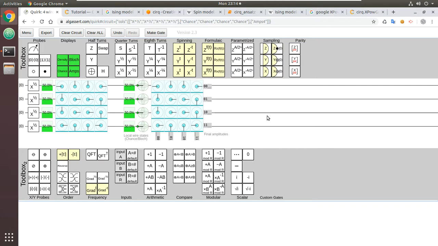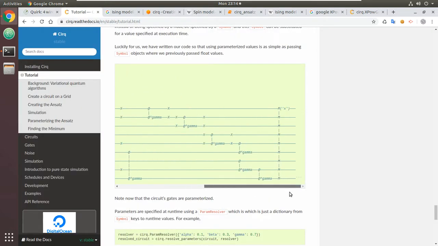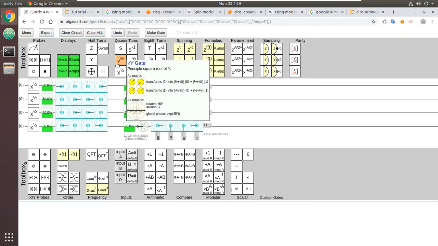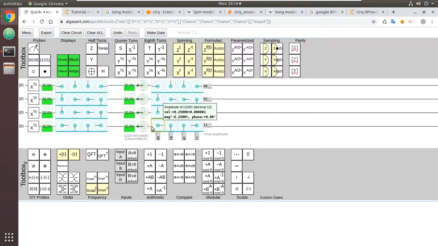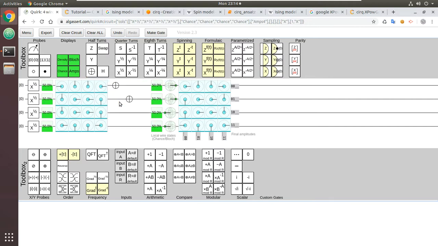I have to rethink about it. Kind of think about it more. Do another iteration of this. Maybe what I can do is try to replicate exactly this circuit, and yeah... I quite don't get it.